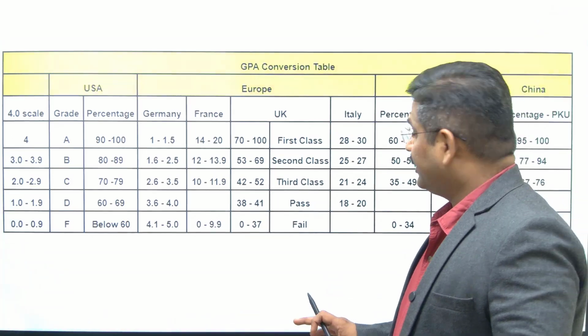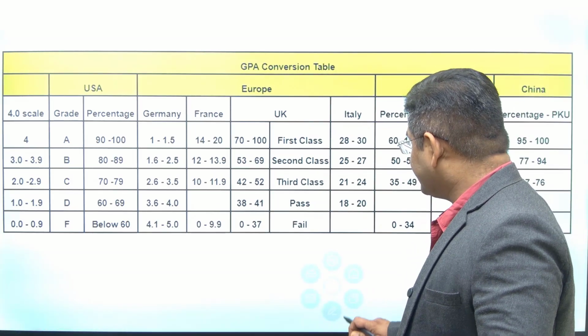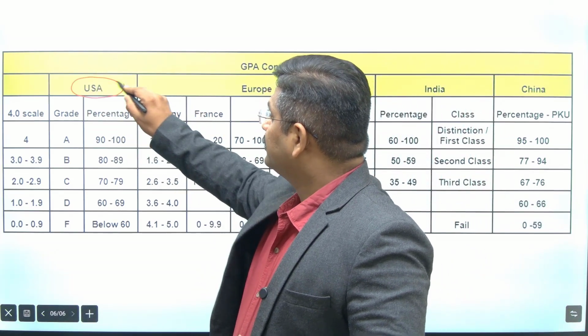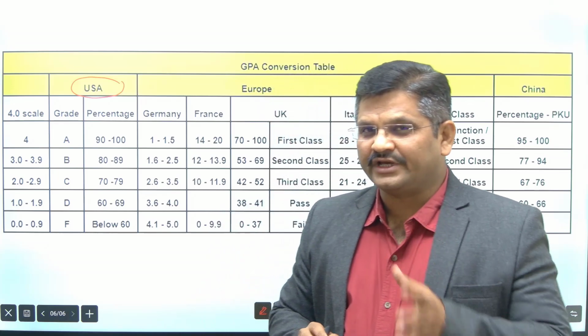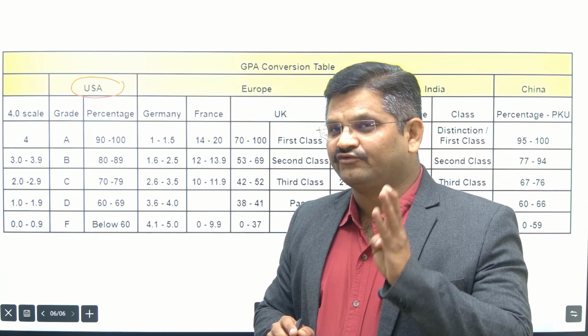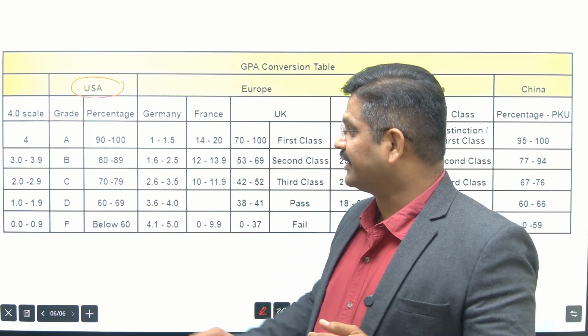Now see, in this slide I compared all the universities. In the case of the USA, United States of America, they follow the grade 4 scale. What is the meaning of the grade 4 scale?